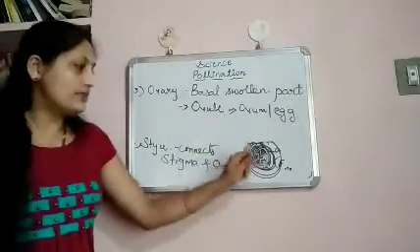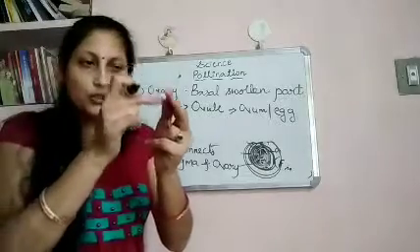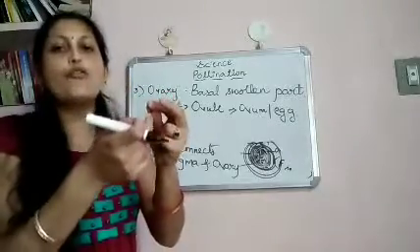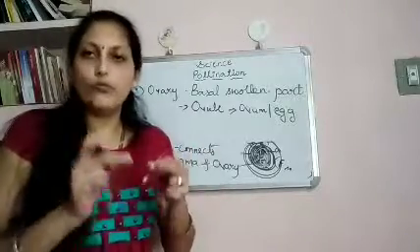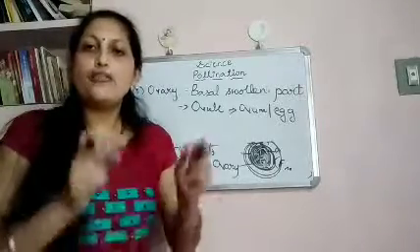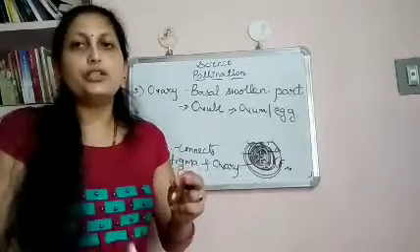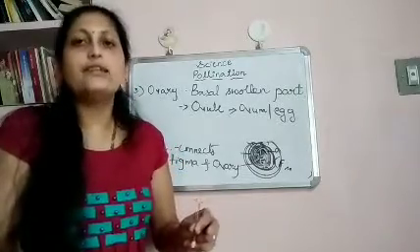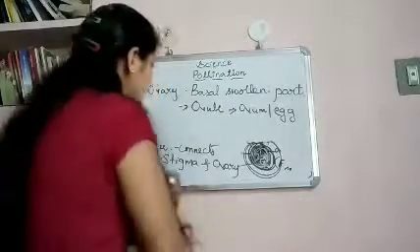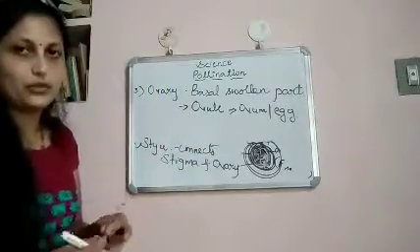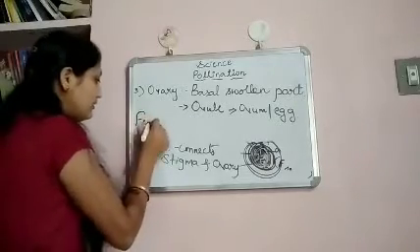So once the pollen grains reach the stigma, they pass through the style and they reach the ovule inside the ovary. Once they reach the ovule, there fusion of male and female gametes takes place and it develops into a new plant, that means it develops seed. From the seed we get new plant. So that is called fertilization. What is fertilization?